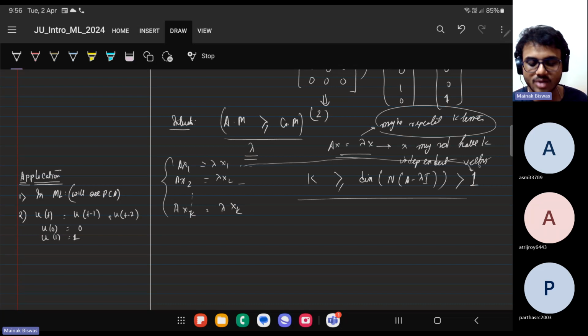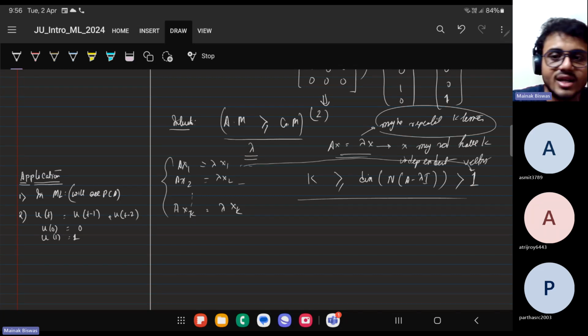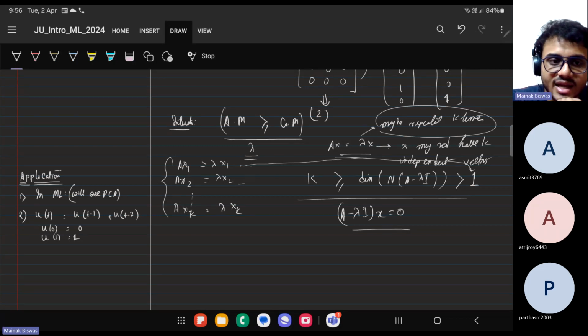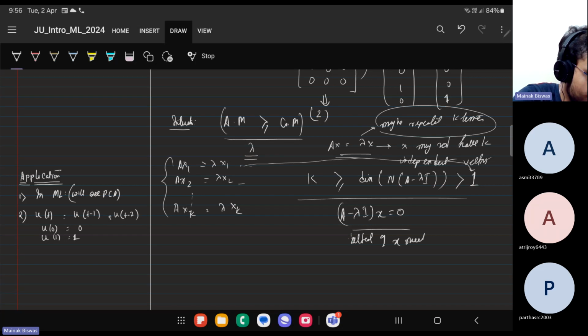Minimum, it has to have 1. Otherwise, there is no meaning of the solution of lambda. Why does it have to be at least 1? Because A minus lambda I has to have a solution. So at least one x must exist in the null space of A minus lambda I.